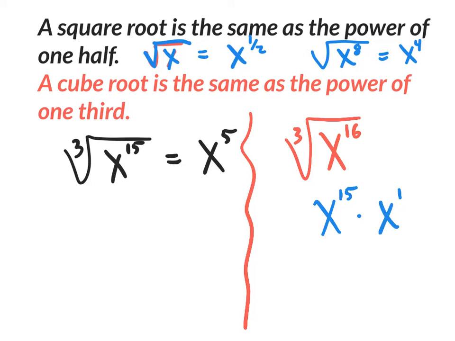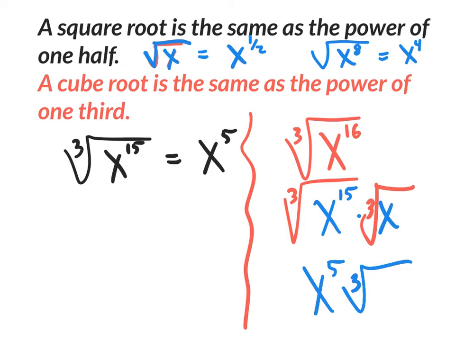You don't even need that 1 up there. And then we're going to split the third root to each of those. Now you could say, the third root of x to the 15th is x to the 5th. And the third root of x, you just leave it, the third root of x. What do you guys think?